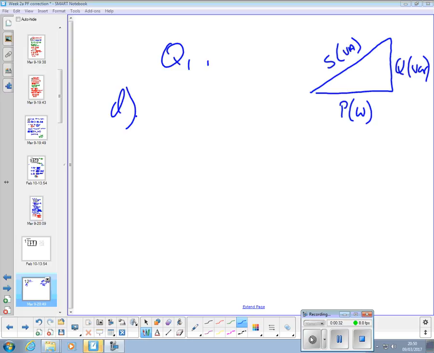So we've got a real part, an imaginary part, J, and a complex number containing both terms, S, in VA.